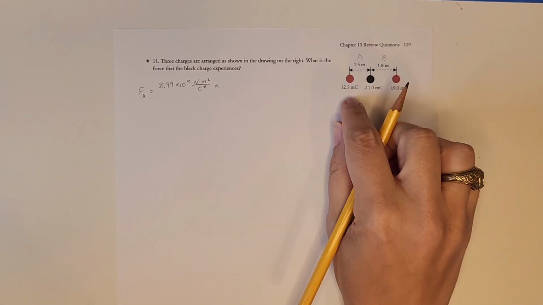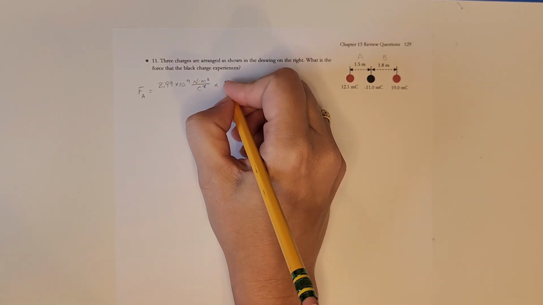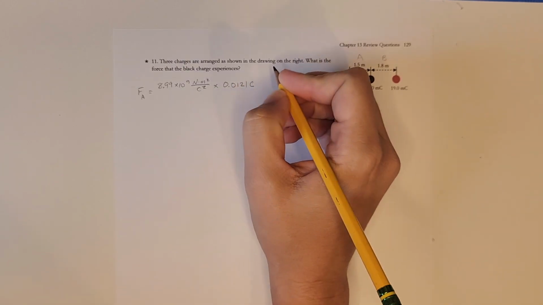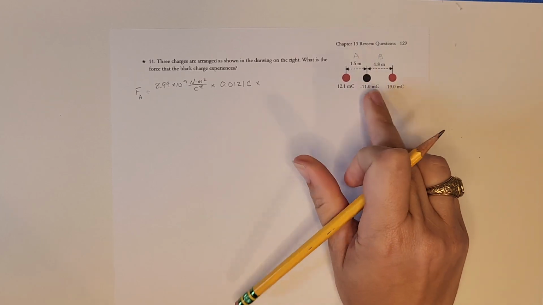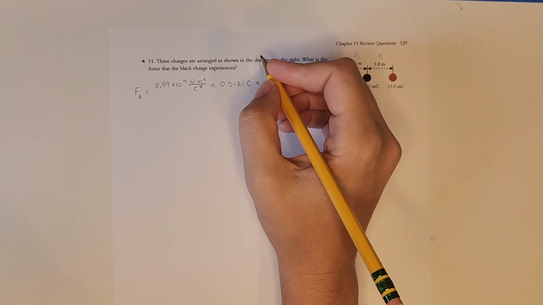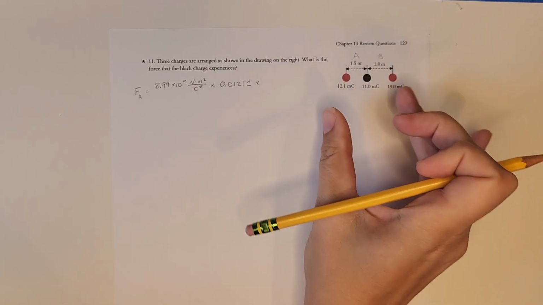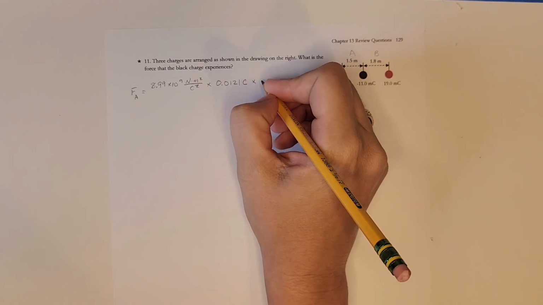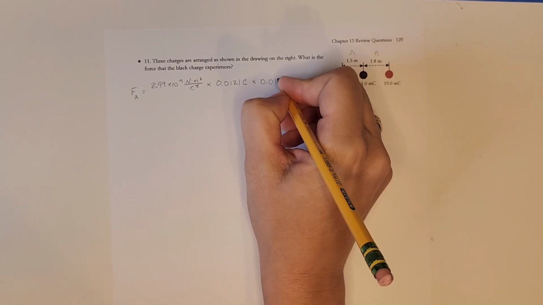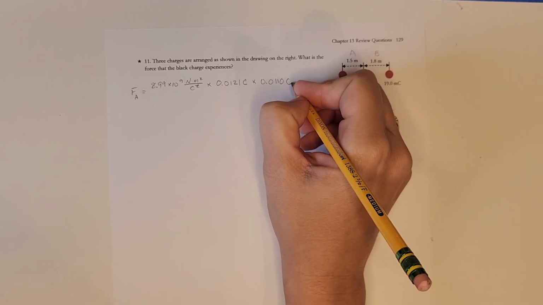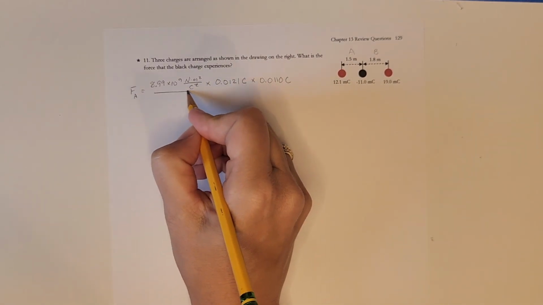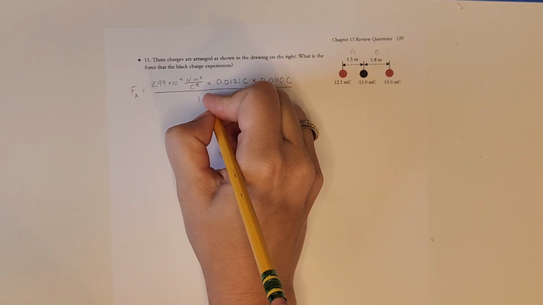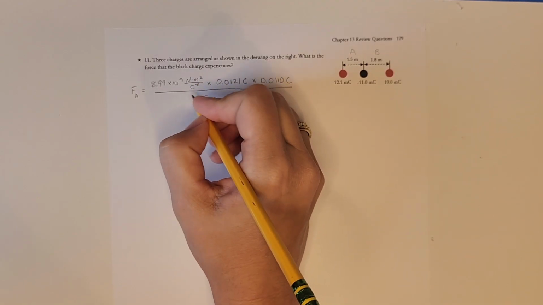Remember this is microcoulombs, so I need to convert it to coulombs, so it's going to be 0.0121 coulombs, times our second charge, which is our black charge, and we're not going to put a negative because we basically know that these charges are attracted to each other, times 0.0110 coulombs, and dividing that by our radius, which is 1.5 meters, and that is squared.